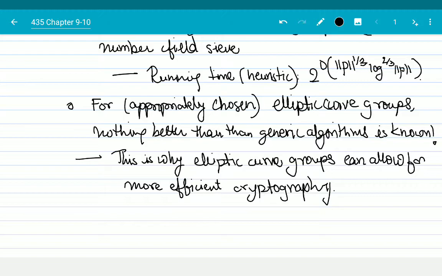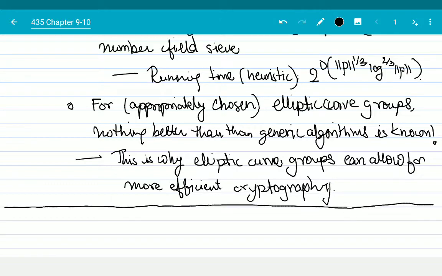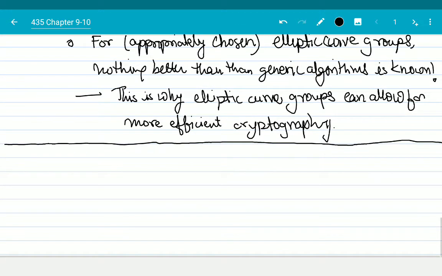Okay, so let's come back to cryptography. This was just giving you an idea of how big things are and how slow things are, and why it is important to look at elliptic curve groups, even though I am purposely skipping them.